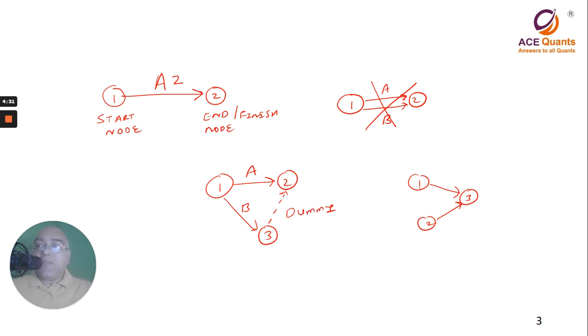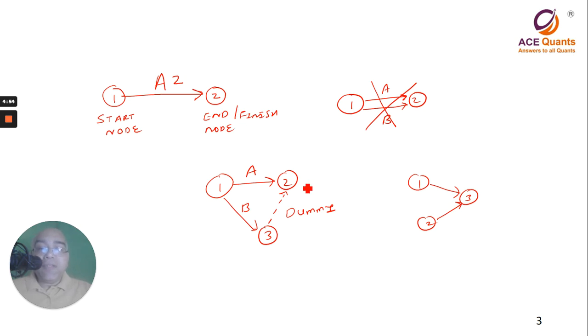The dummy activity does not require any resources, and does not require any time, but what is important is that the dummy activity shows a relationship. What was my requirement? That I cannot go beyond A and B to go for any other activity, but I could not show it as in the first diagram.